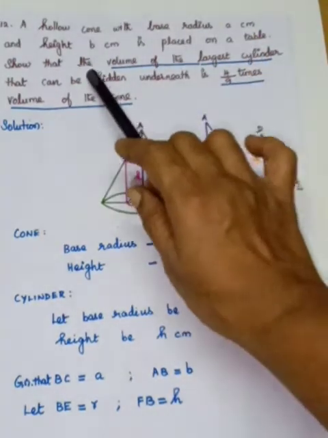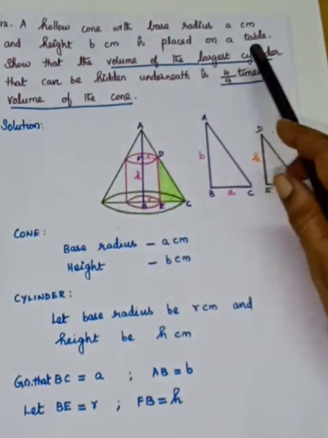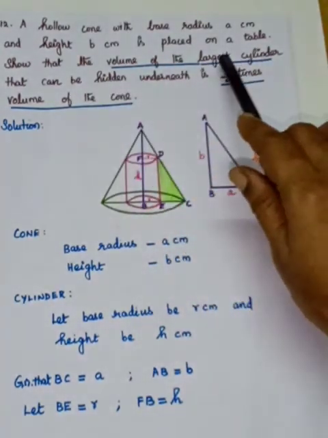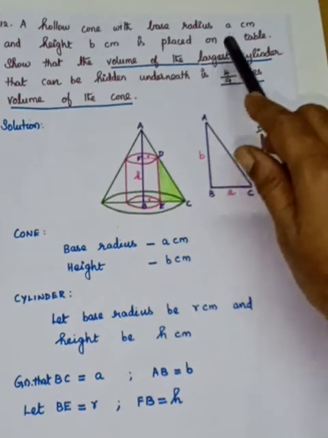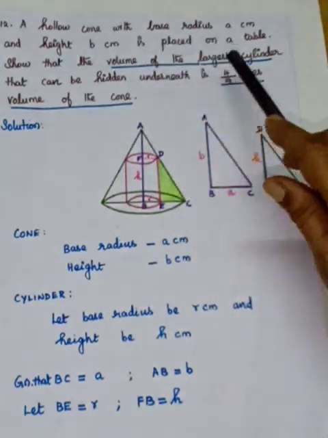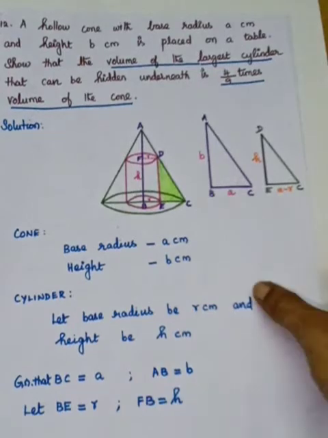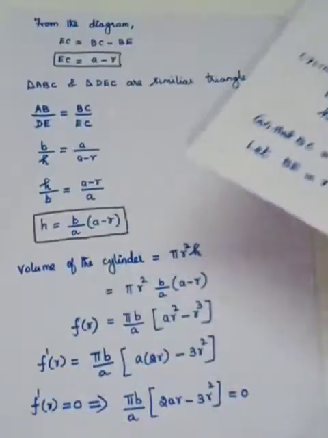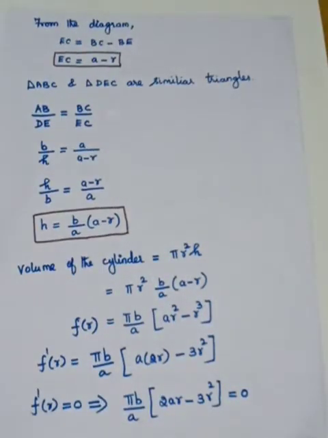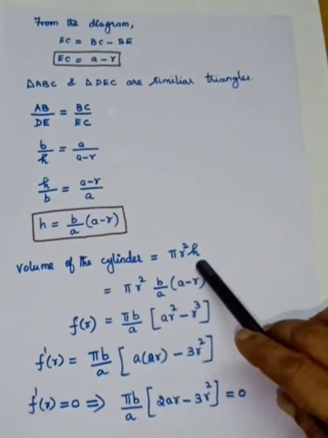Now nothing else is given, only the base radius and height are given. We have to show that the volume of the largest cylinder is maximum. Now, what is the volume of the cylinder? It is pi r squared h.